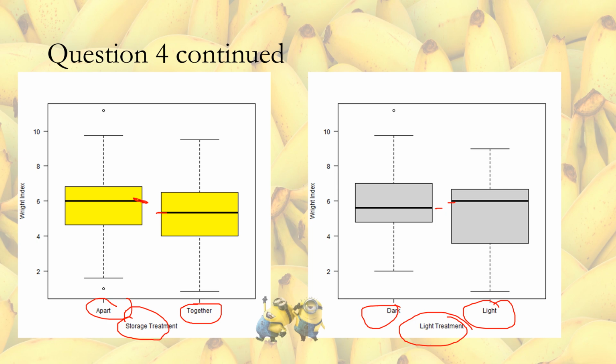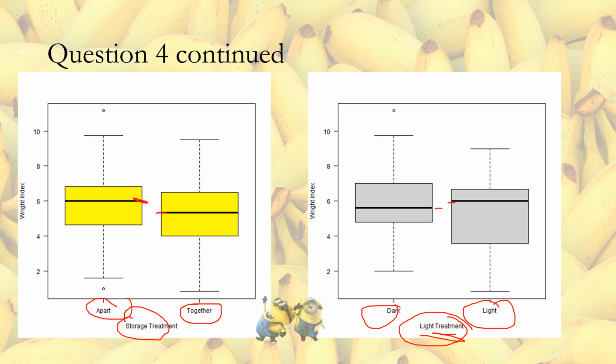Then we checked their variance, and in the light treatment we had a p-value of 0.32, again greater than 0.05. That means similar variances between these groups. And in the storage treatment we had a p-value of 0.61, and again a p-value greater than 0.05 denotes homogeneous variances between the two groups.